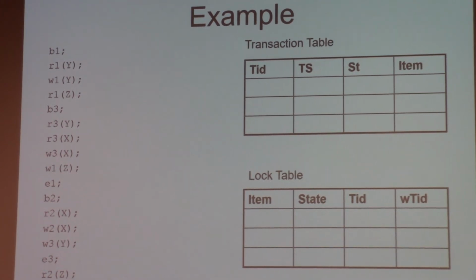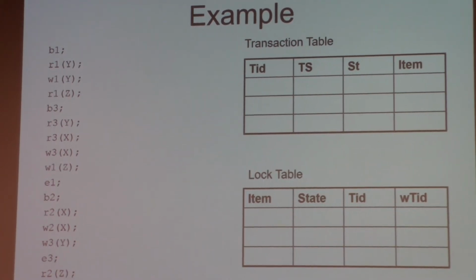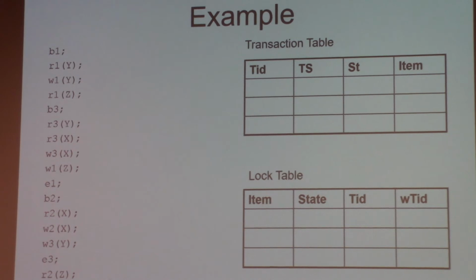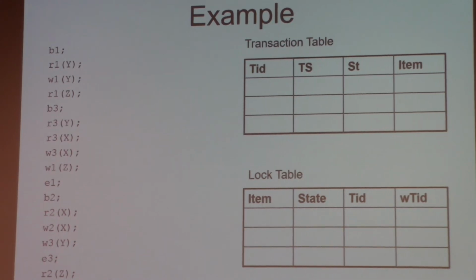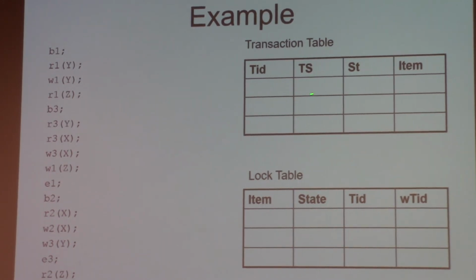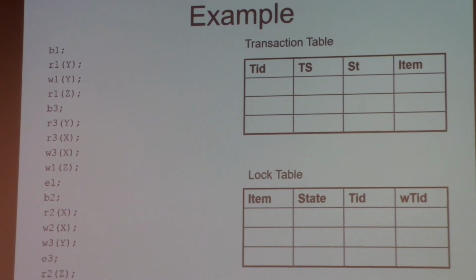The transaction number is assigned. We need to manage the timestamp separately. Then there are the operations read and write. B means begin transaction, and E means end transaction. And the item will be inside the parentheses.